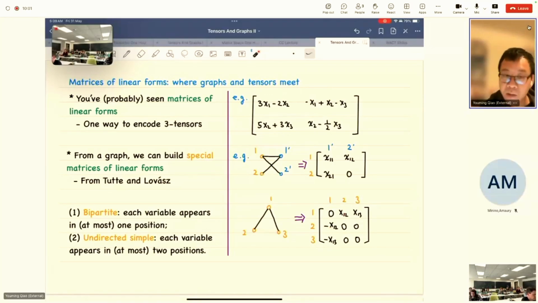And if 2,3 is not there, then you put 0. So yeah, that's a pretty naive recipe, right? But we see that this is useful from the algorithmic viewpoint, and we see that it leads to correspondences between the structures of our graphs and structures of our tensors. So that's just a quick review, just to refresh your mind.